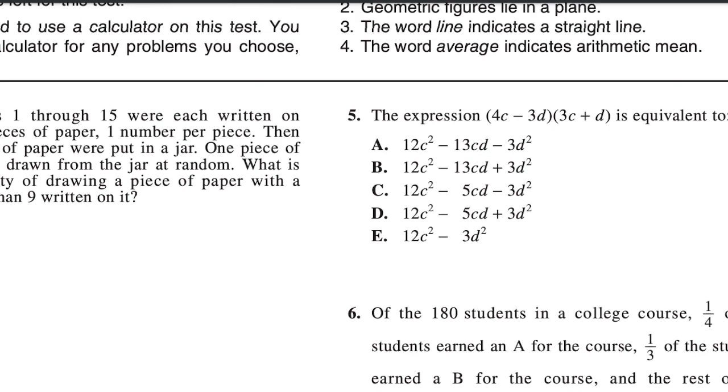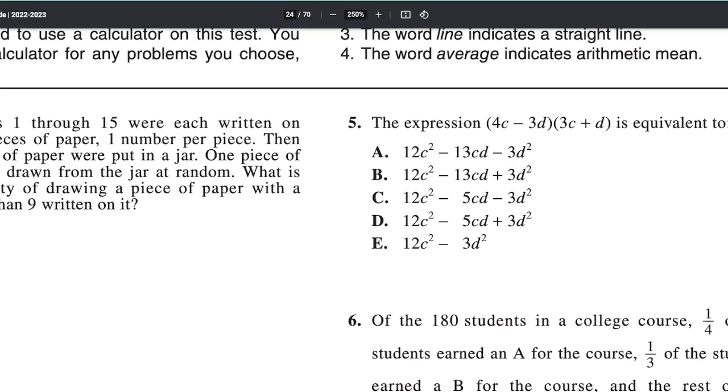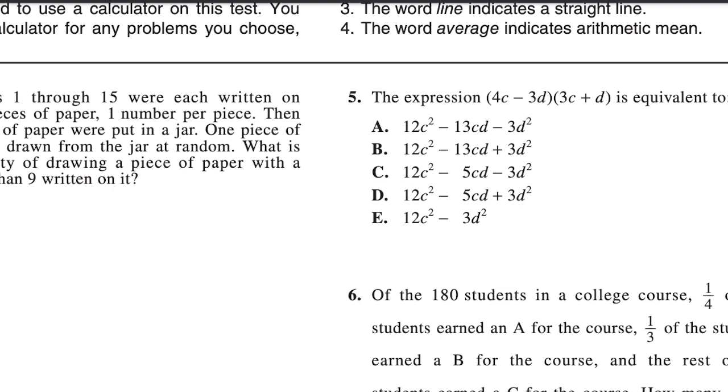So the expression is equivalent to which of the following? Alright, so boom. Multiply these together. So 4c times 3c, well that's 12c squared. And then this is minus 9cd, and then we multiply this will be 4.